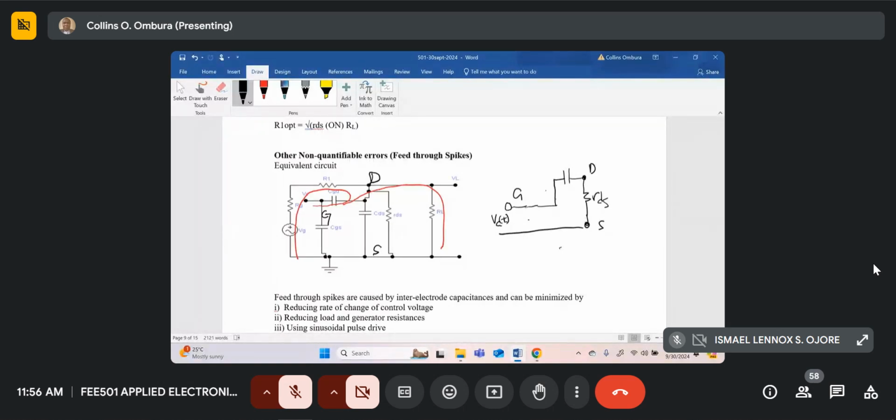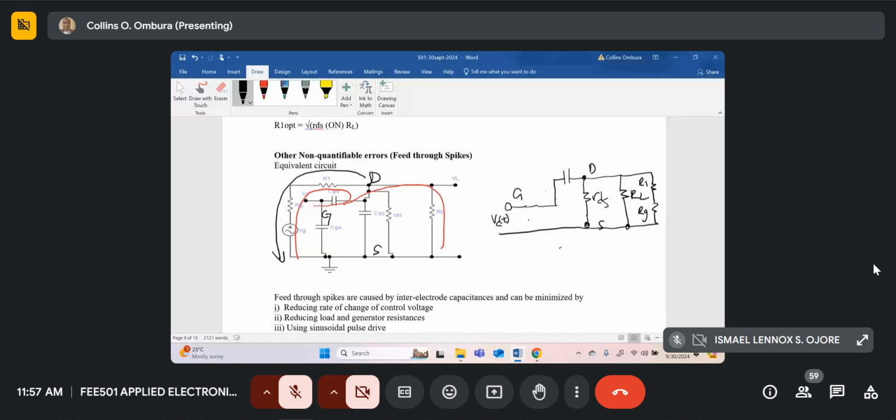Now, if you look at the output circuit, we can put it over here. This is your RL. And then from D to the input circuit, if you look at point D going back to the input circuit that way, I can start at D and then I'll get R1, and then I'll get RG, and then you have VG, if you assume it's an ideal source.